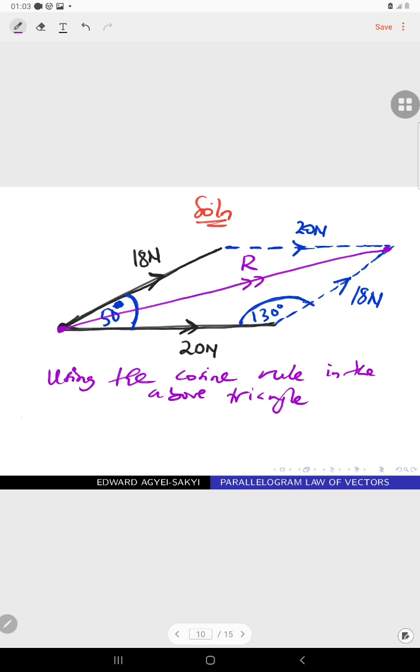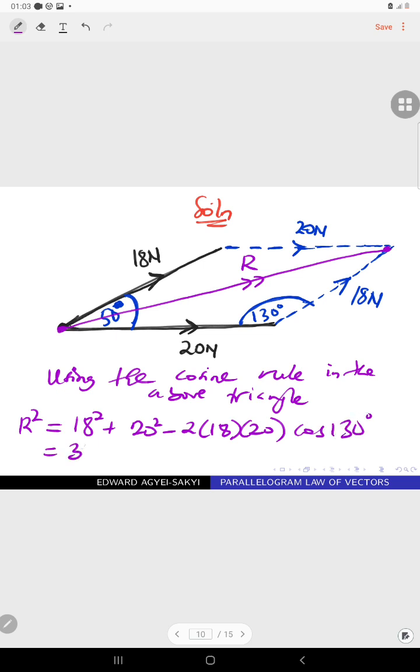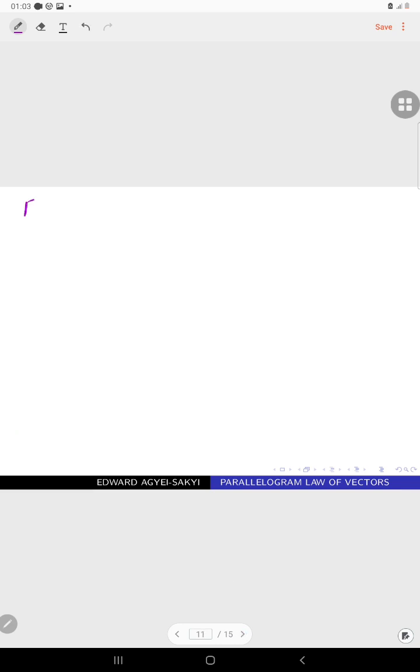And what do we get? R squared is 18 squared plus 20 squared minus 2 times 18 times 20 times cos of 130 degrees. This will give us 324 plus 400 minus 720 cos 130. So r squared will give us what?